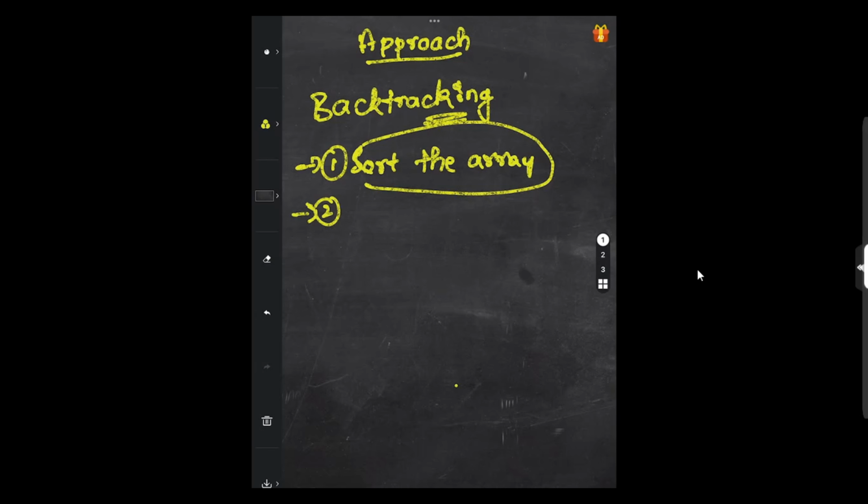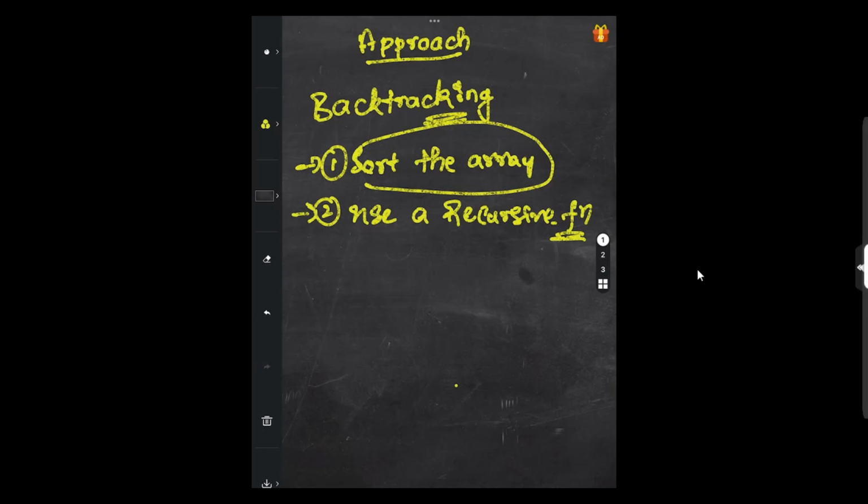The second step is to use a recursive function. Why do we make use of a recursive function here? Because we have to add an element to the combination if it doesn't exceed the target, and it also skips duplicate elements, nothing but it avoids the multiples.